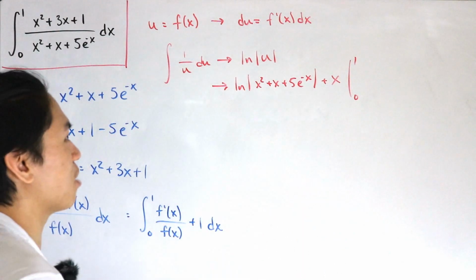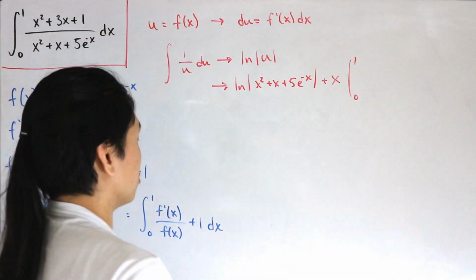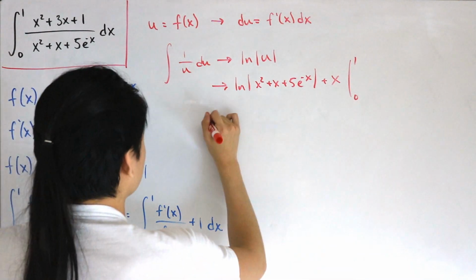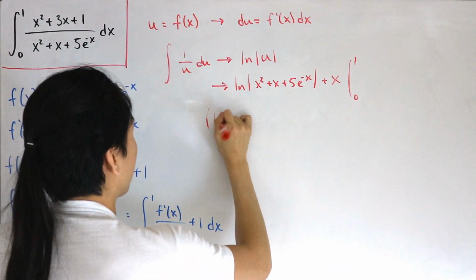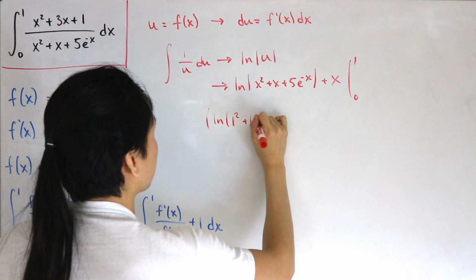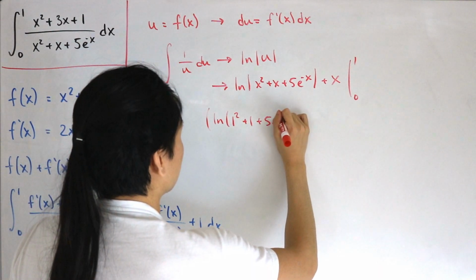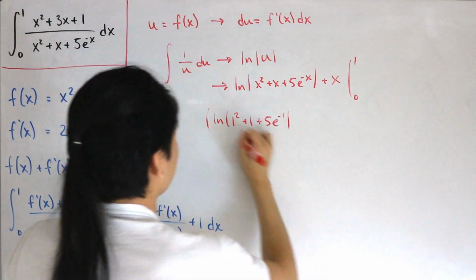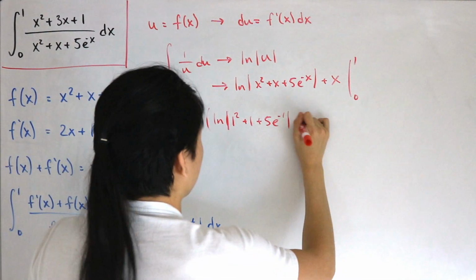We have something that's now a lot easier to solve and put in our values. Putting in 1, I have ln of the absolute value of 1 squared plus 1 plus 5 e to the negative 1, plus 1.